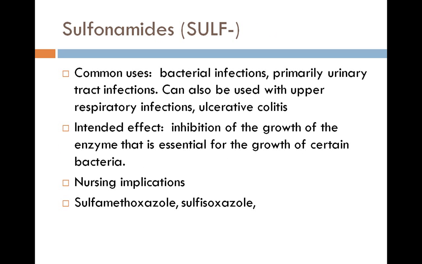Sulfonamides are a group of medications. They're a type of antibiotic, and we commonly use sulfonamides for bacterial infections, and they have been shown to be particularly useful in treating urinary tract infections.